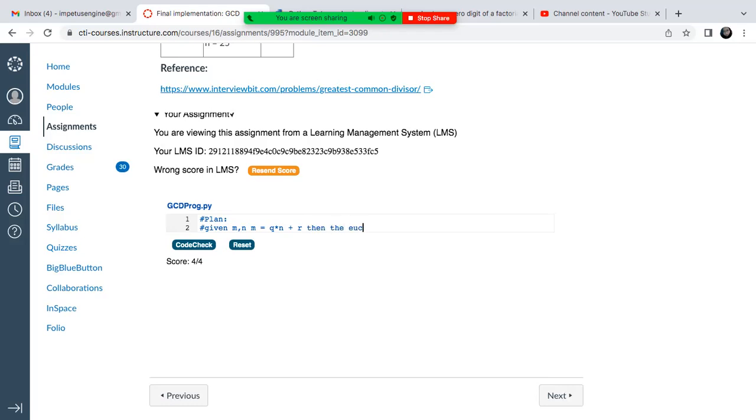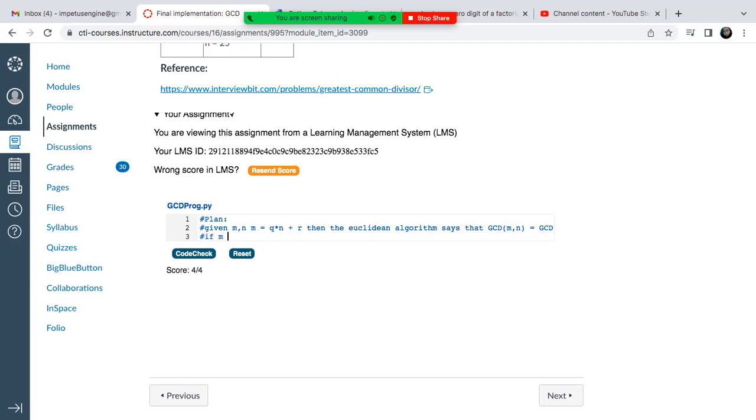Then the Euclidean algorithm says that GCD(m, n) equals GCD(n, r).